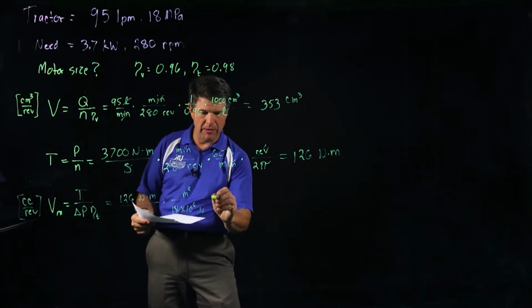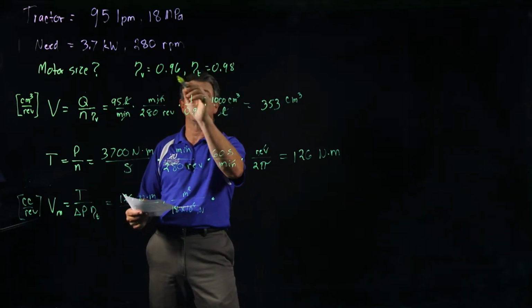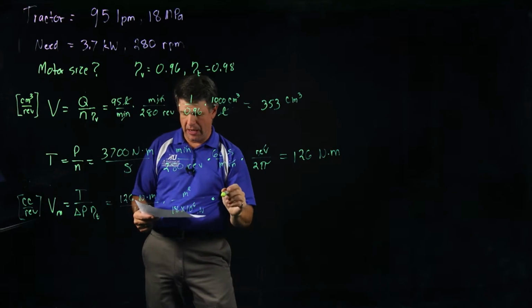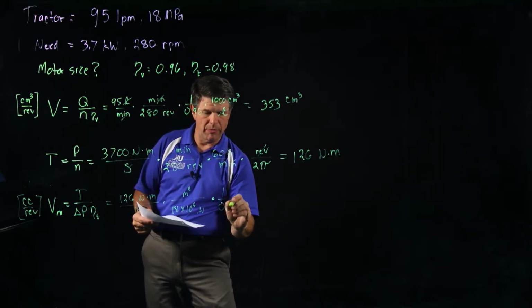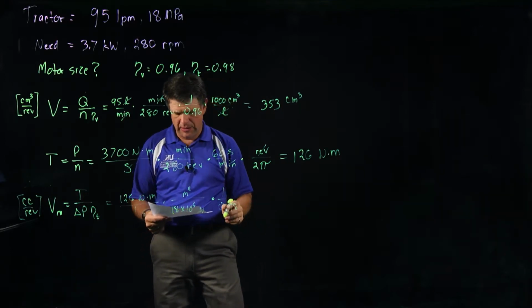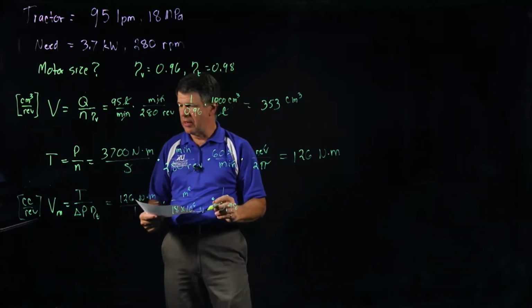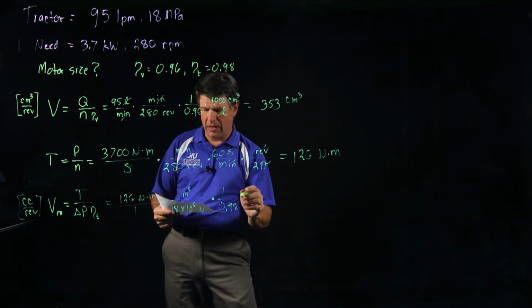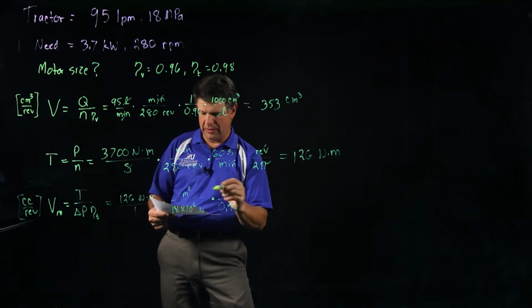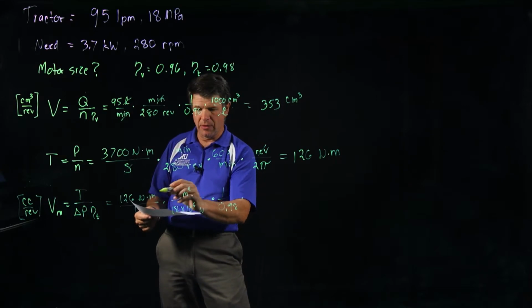Don't forget the efficiency. So the torque efficiency is 0.98. So I have 1 over 0.98. And let's see, do I need anything else? I think that's it, right? So I got 1,000, let's see, 1,000, I got to get the cubic meters.